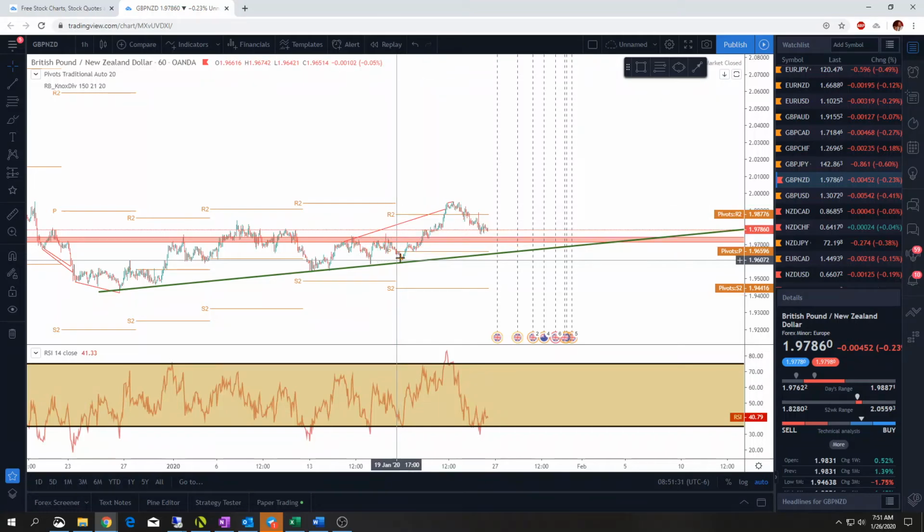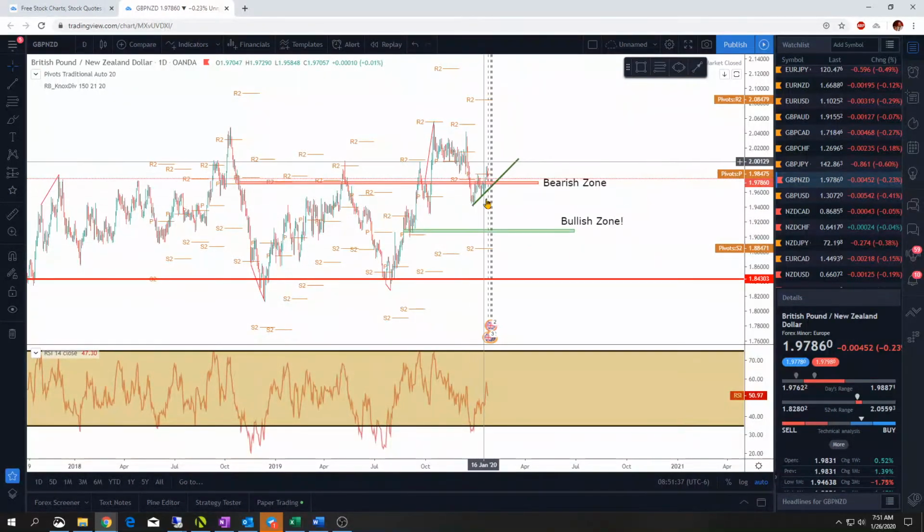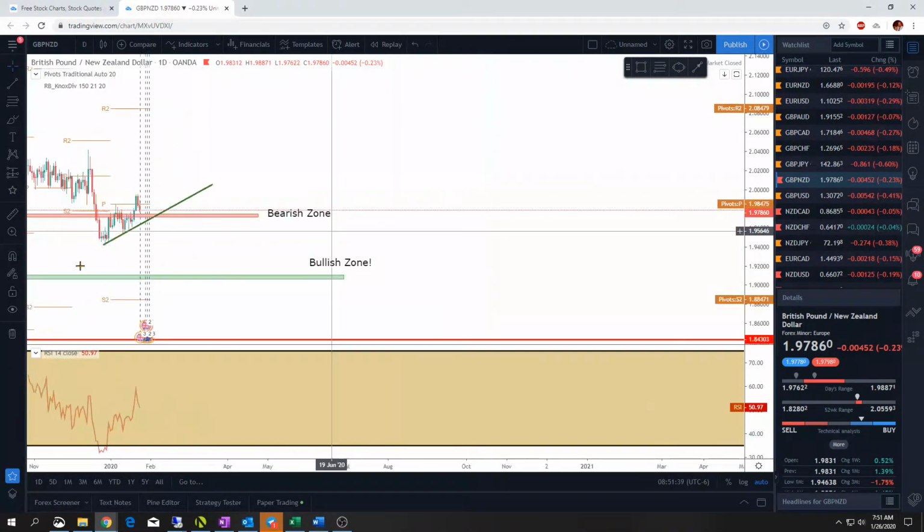And the short term, it's a bullish play off that impulse move. You can see right here, retrace. We're sitting on the 0.5. So short term, this is a buy.